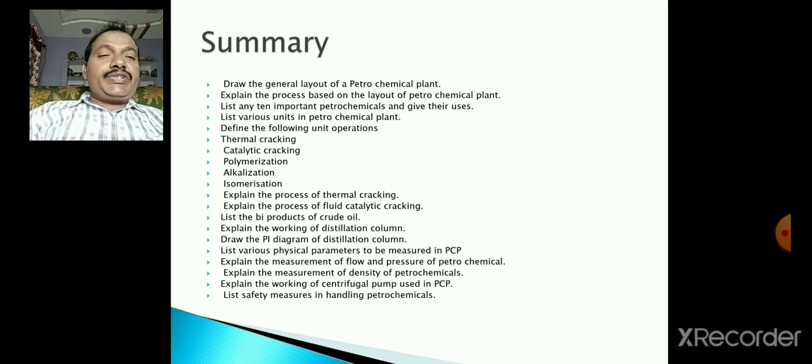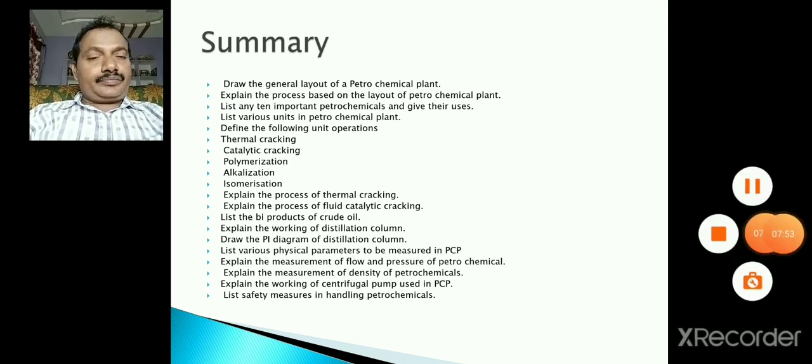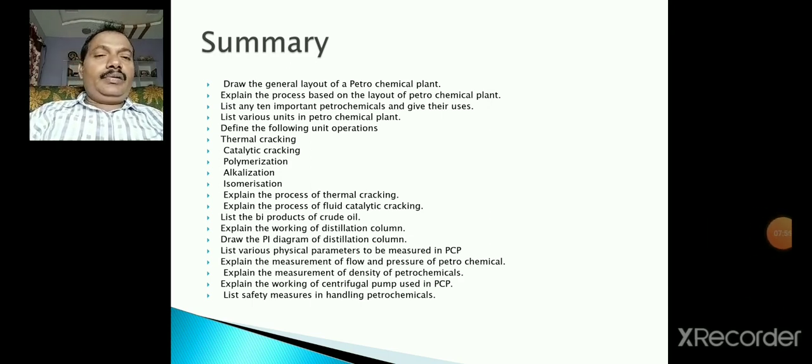And we have discussed the centrifugal pumps used in petrochemical plants. The centrifugal pumps and petrochemical pumps are very essential to move the streams from one place to another. And we have discussed the safety measures in handling petrochemicals.